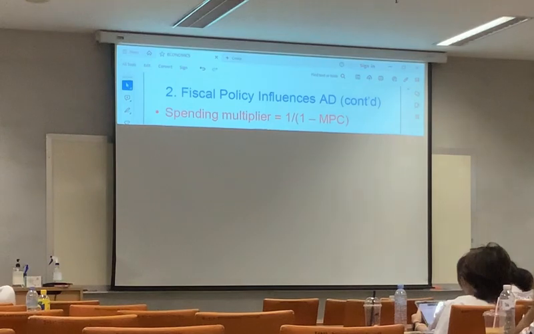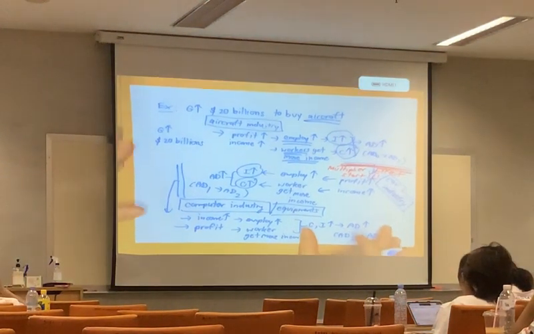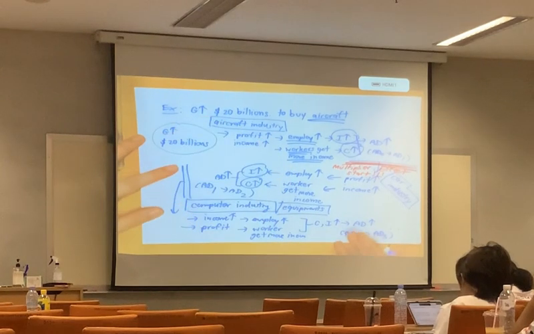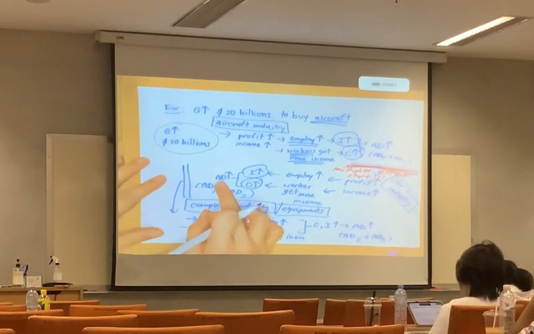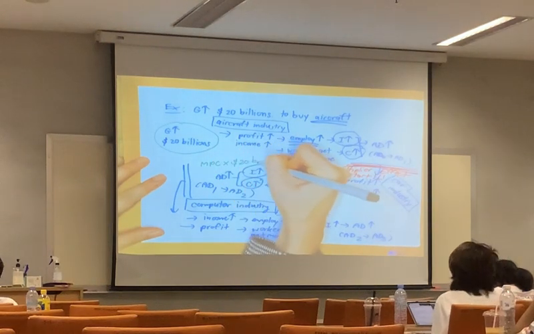If I draw it, I can draw it from this. This one is 20 billion. So the AD chain here equals MPC multiplied with 20 billion.